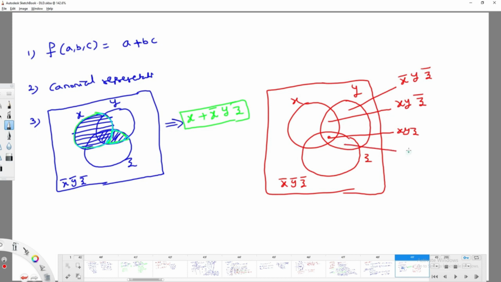This represents x is not available, y is available, z is available. And if you observe this part, x is available, y not available, z not available. This particular part represents x is available, y not available, but z is available. This one, x is not available, y is not available, z is available.